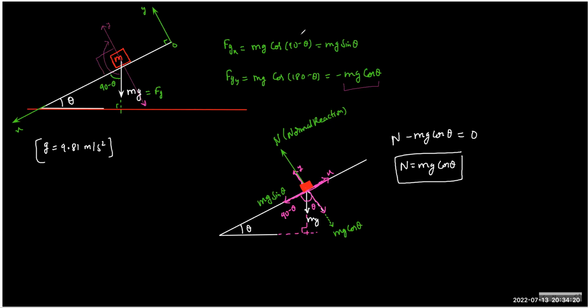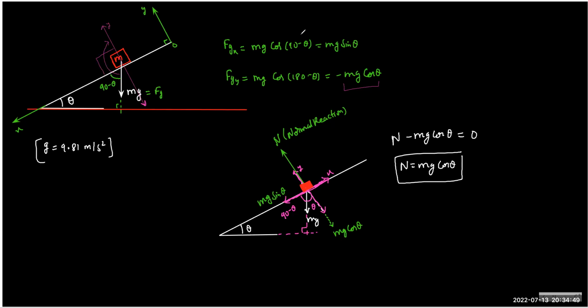Yes or no? So no effect. Do you think that normal and mg cos theta can produce an effect along the plane? No, sir, that's impossible because these two directions are mutually perpendicular.